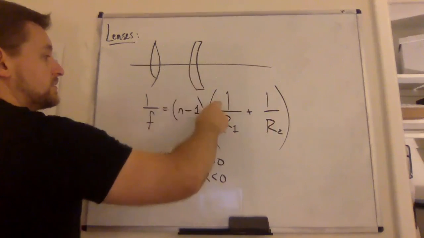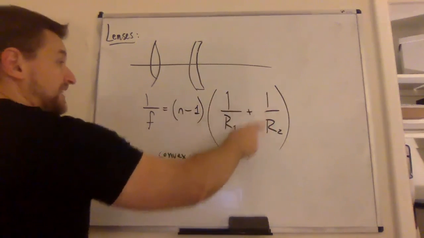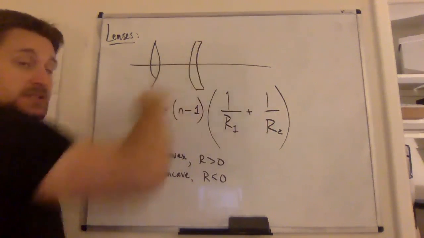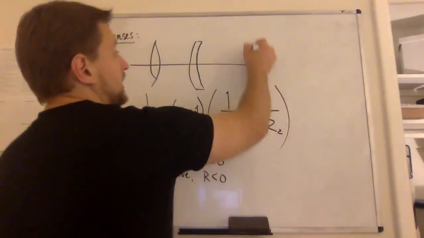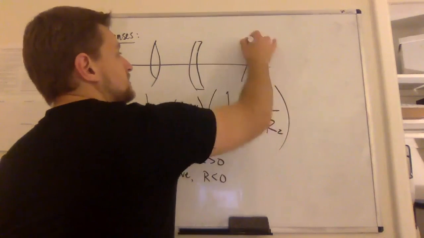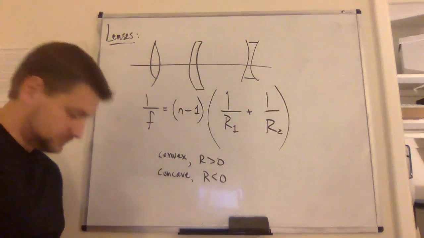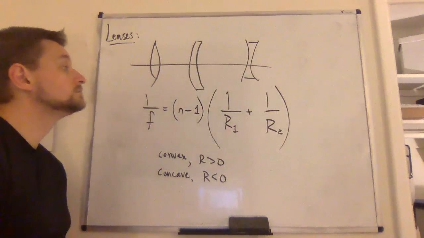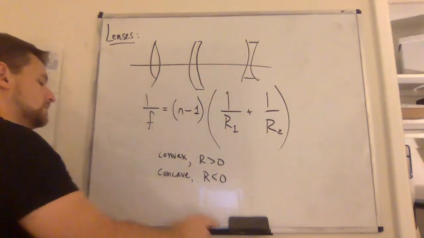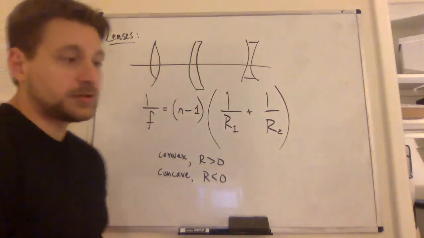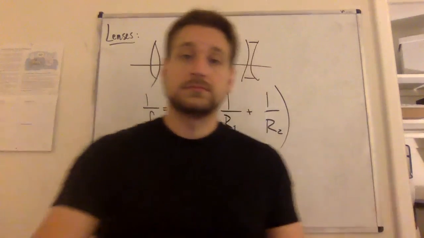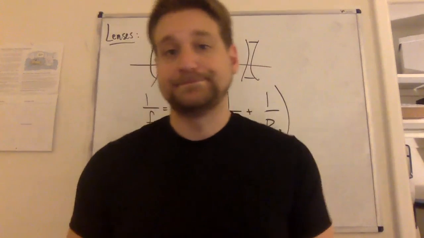This one is 1 over positive plus 1 over negative, because the other surface is concave. If we had two concave surfaces, we could do that too. Both of them would be negative. The lens maker equation, and with that, we are done. Thanks, everyone.